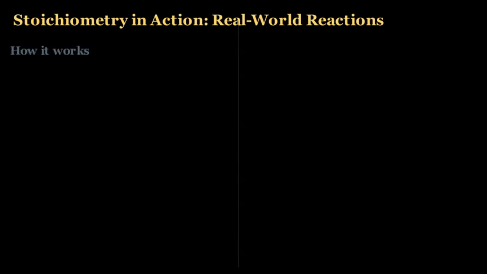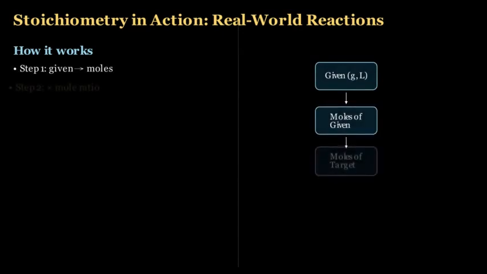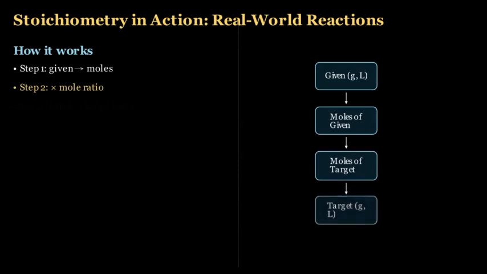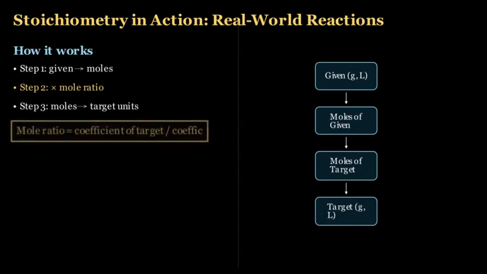The method is a 3-step bridge that works for any reaction. Step 1. Take whatever you're given, grams of a reactant, volume of a gas, even number of tablets, and convert it to moles. You do that using molar mass if it's a solid, or the ideal gas law if it's a gas. Step 2 is the heart of it, multiply by the mole ratio from the balanced equation.